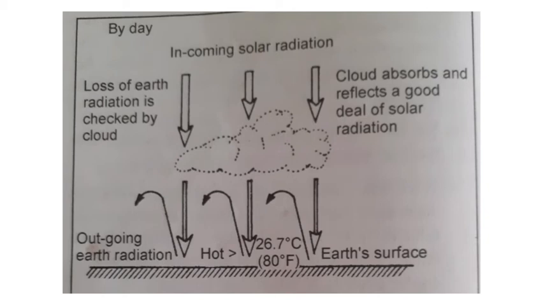Dense cloud cover prevents incoming solar radiation as well as checks outgoing terrestrial radiation. In regions where there is no cloud cover, for example hot deserts, there is high insolation during daytime and rapid loss of heat due to terrestrial radiation at night. So, deserts are hot during the day and cold by night.